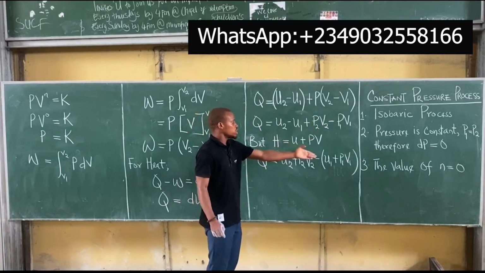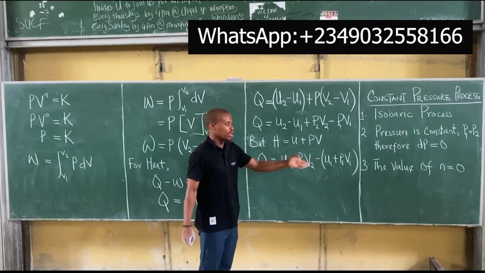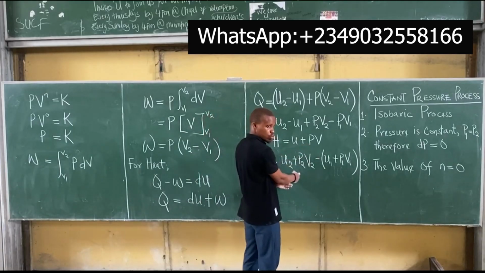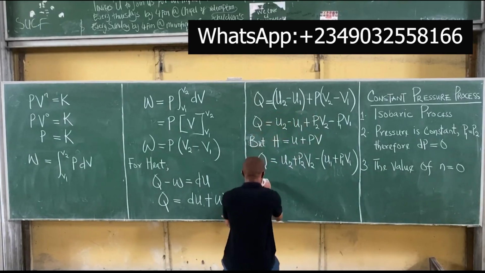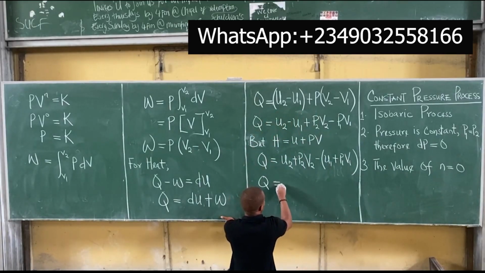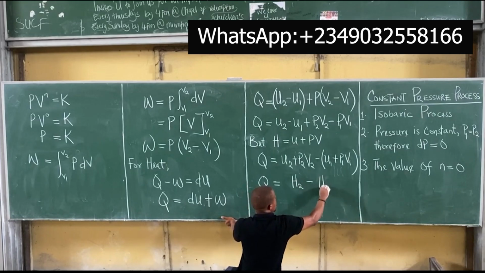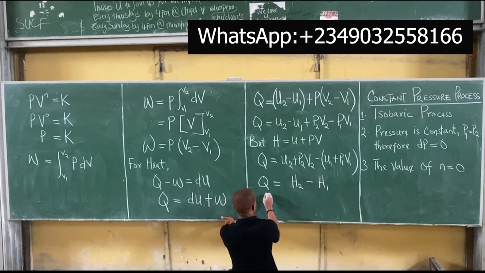This looks familiar, right? We can call this our enthalpy. We can call this enthalpy 2 in state 2 and enthalpy 1 in state 1. So we have Q equal to H2 minus H1, which is the same thing as saying Q equal to dH.